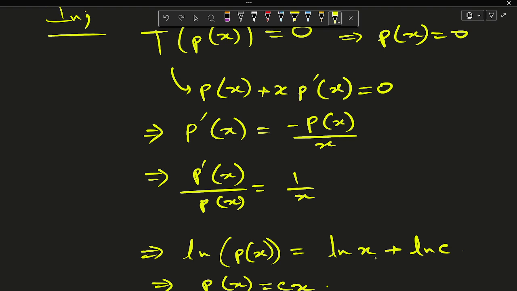So all of this is correct, and as this is so, we can say that T is injective.